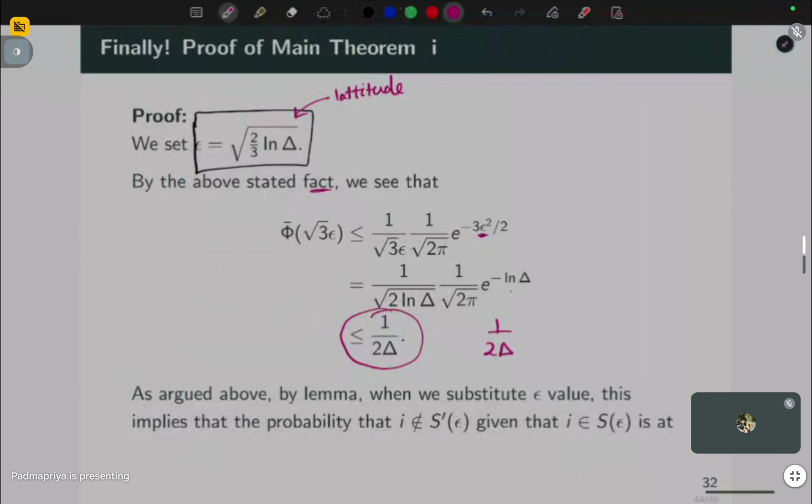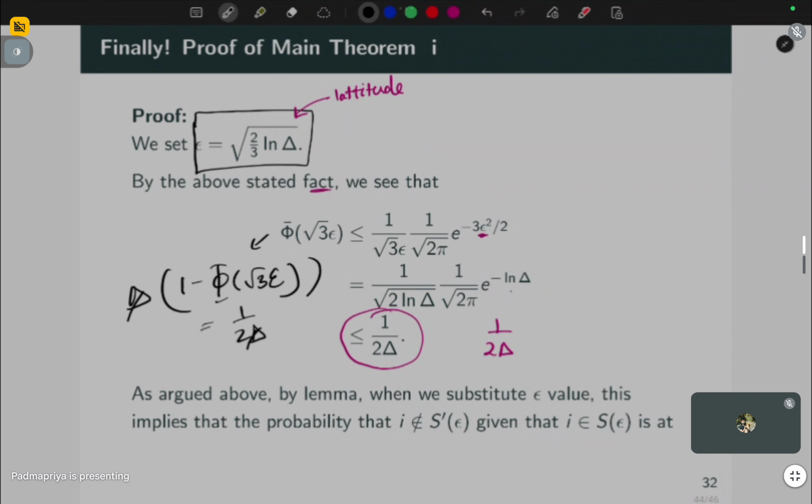I'll say how. You know that the probability that i does not belong to S, given it belongs to this, is this value. This is just 1 minus phi of root 3 epsilon, into capital delta. Now we have 1 by 2 delta, delta goes out.